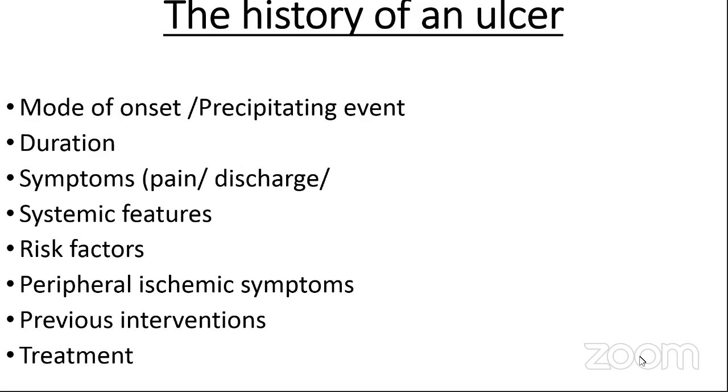Now, peripheral ischemic symptoms: whether the patient noticed any pain in the limb. Usually in the metatarsal region, they will have pain, which is gradually progressing. Initially, it will start after walking quite a distance. But then if the ischemia increases, that means the lumen of the artery gets obstructed gradually and completely, then the distance also reduces and the pain manifests early, and this is known as claudication distance.